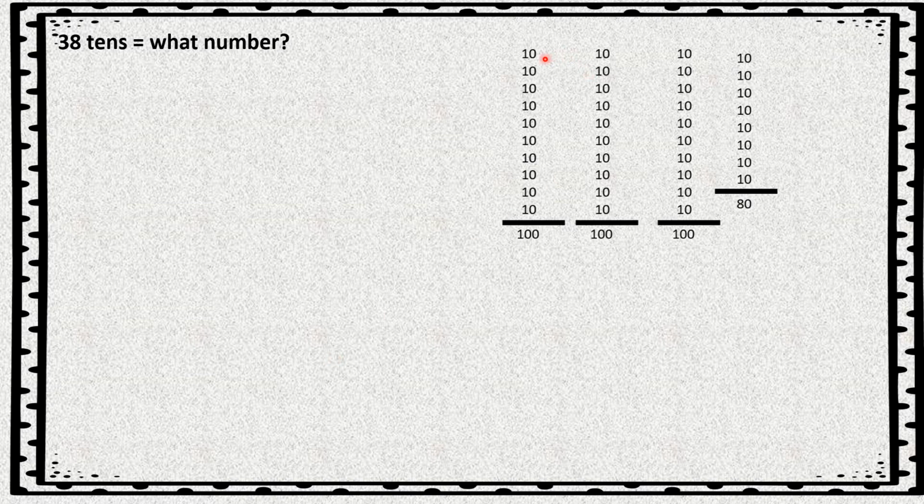I'm going to put the 10s in rows of 10 because 10 tens equals 100. So there's one row of 10 that equals 100. Here's another row of 10 that will equal 200. There's another row of 10 that will equal 300. And then here's a row of 8 tens, that's 80. So 38 tens equals 380.